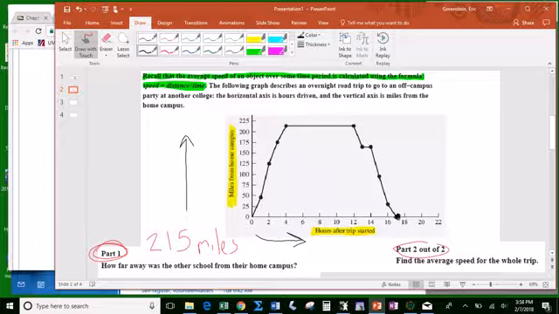You're driving to campus here, and then you're at campus. So if we go down here, it looks like it took you 4 hours to get to campus. Then you're at campus. This looks like right about the 12 there.